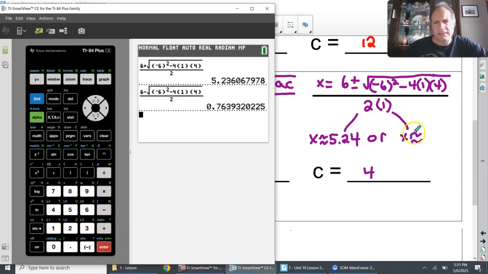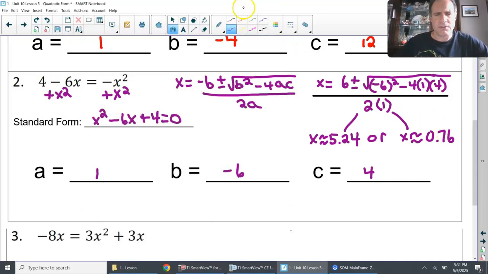And that is x equals 0.76. So you see exactly what's going on here as far as getting the quadratic into standard form, and then identifying a, b, and c so you could actually use the quadratic formula.